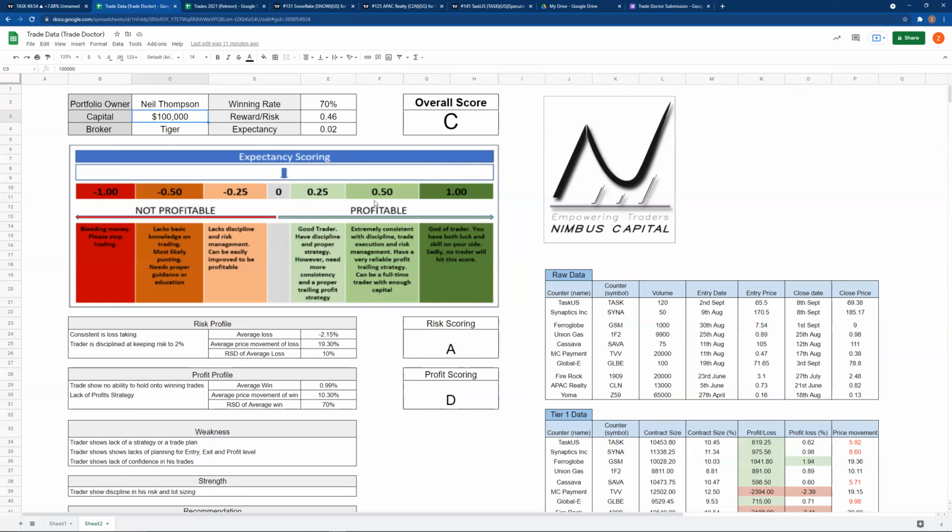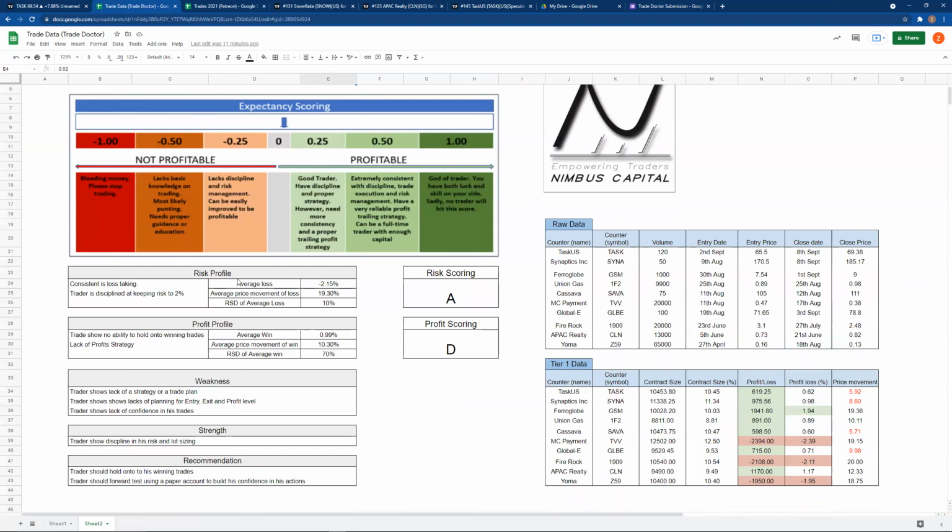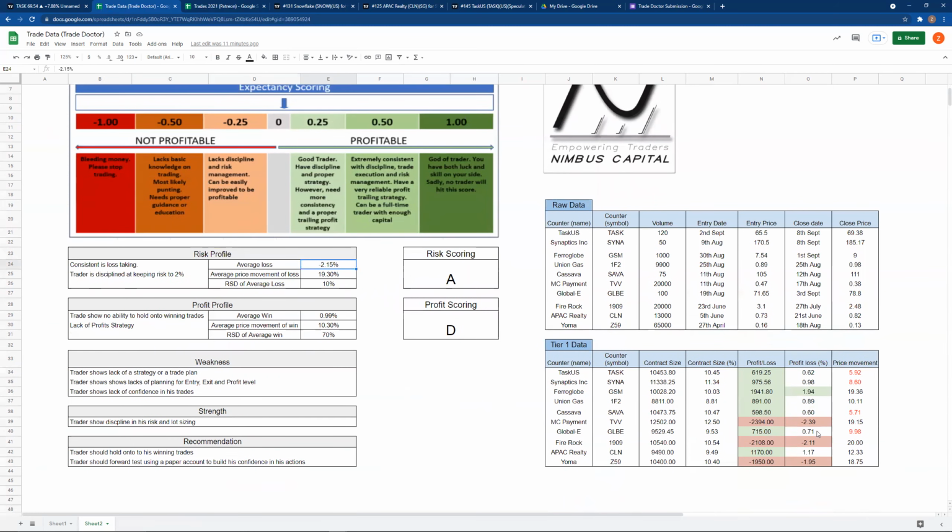So we will look in much more detail at how this trader is getting such a low expectancy. Firstly, let's take a look at the risk profile, meaning we are looking at all the trades that he lost. We have 3 trades here. His average loss is about 2.15%, just an average of these 3 numbers.